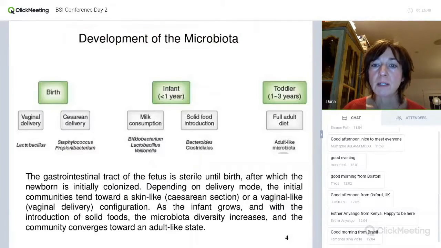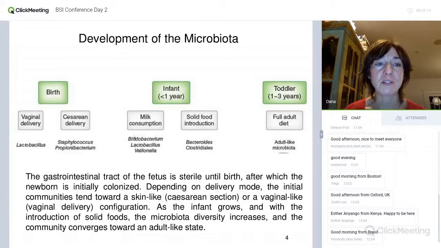So the microbiota develops; of course, we're born relatively sterile, and the microbiota changes over time as we develop and consume different foods. At birth, the microbiota in the intestine of neonates depends on the way that you're born.